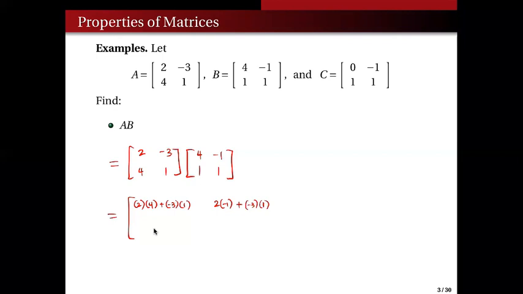So in here, we have 4 times 4 plus 1 times 1. And then lastly, we have second row, second column, which will be at the 2, 2 entry. So we have 4 times negative 1 plus 1 times 1.